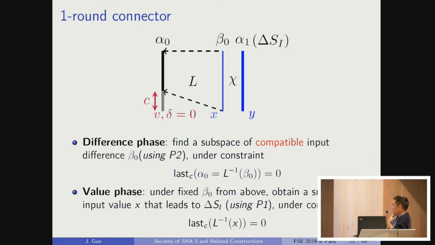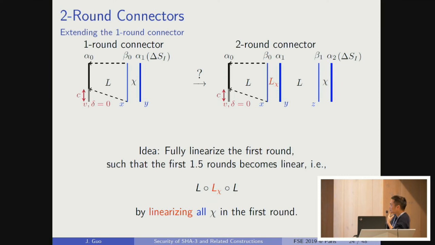If we fix a compatible beta 0, for each S box we are able to obtain the affine subspace, and for the entire state we get a very big affine subspace. We also need to ensure that the value of the capacity part is also 0. Fulfilling these two conditions, we get a one-round connector.